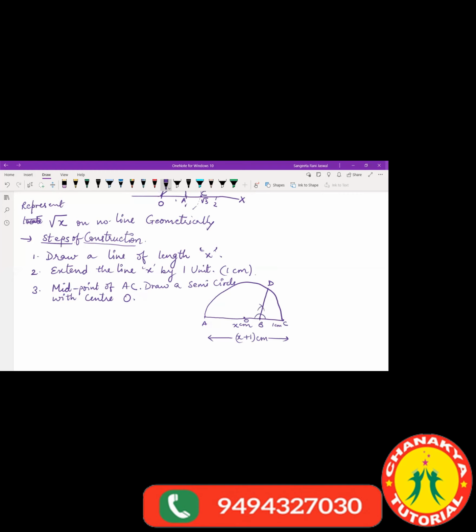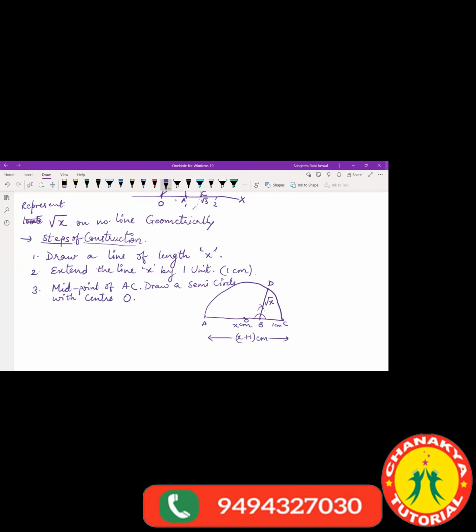Draw it straight on the semicircle so that it meets the semicircle at point D. Right? Understood this much? Yes, ma'am. Now this distance B to D is your root over X.